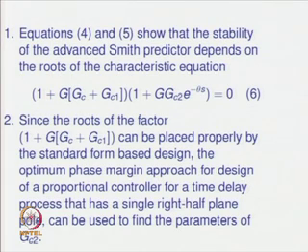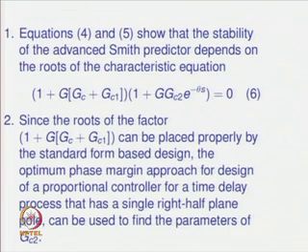So, basically equation 6 has 3 controllers, and those are Gc, Gc1 and Gc2. Design of Gc and Gc1 is done with the help of standard form, whereas Gc2 is obtained using the optimum phase margin criterion.